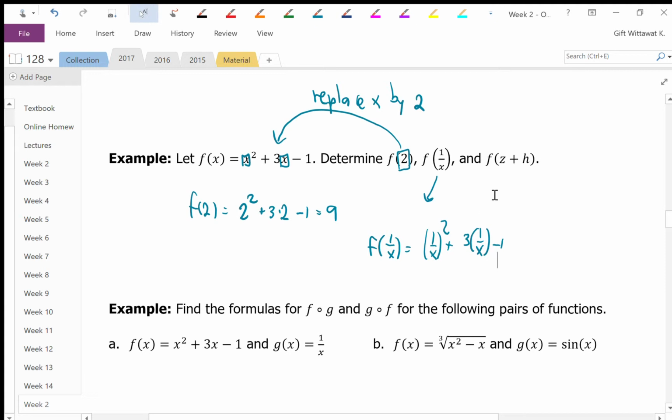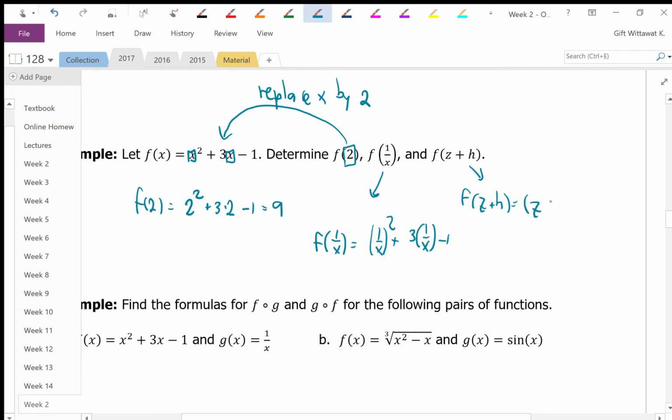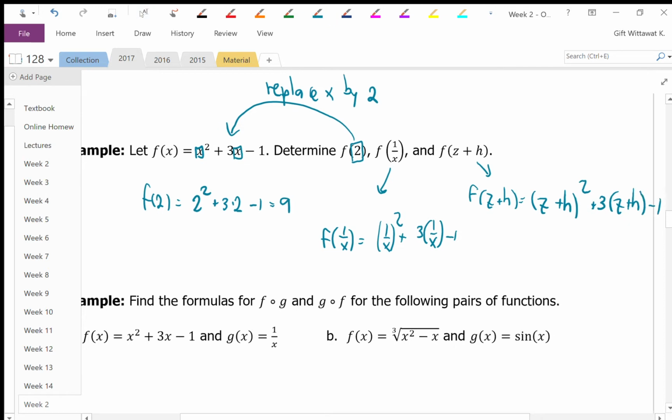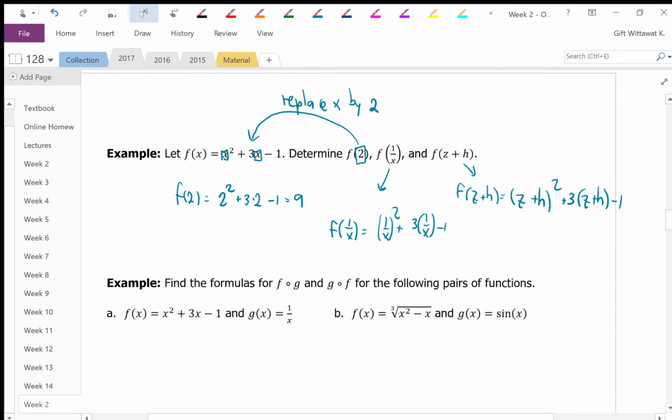And f of c plus h, once again, I replace all the x by c plus h. So it's going to be (c plus h) squared plus 3 times (c plus h) minus 1. So that's it for this example.